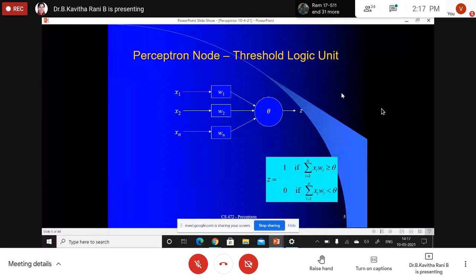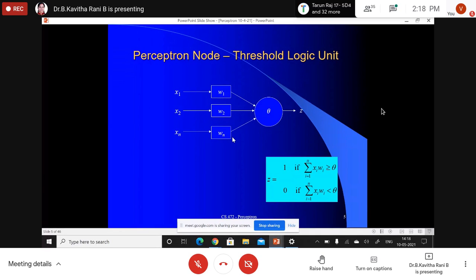How many attributes there are, those are given as x1, x2, x3, up to xn. In our table, if you have attributes like name, hall ticket number, marks, mobile number, result, these attributes are given as x1, x2, x3 and so on as the input. Now for this we will give different weights.